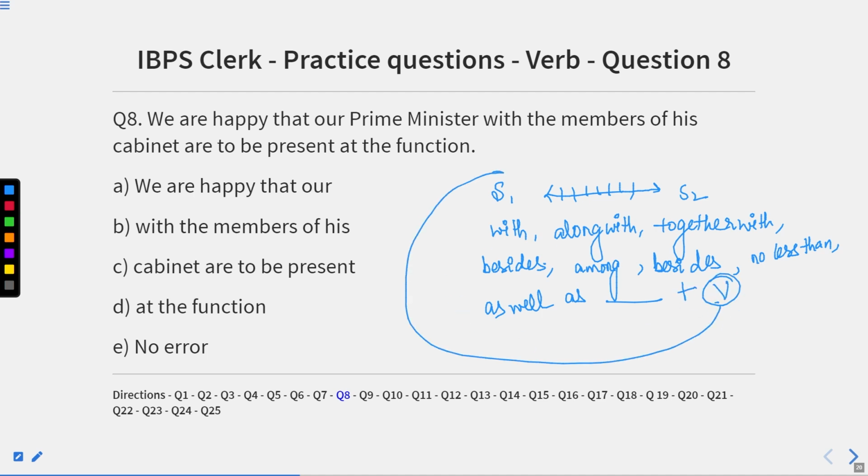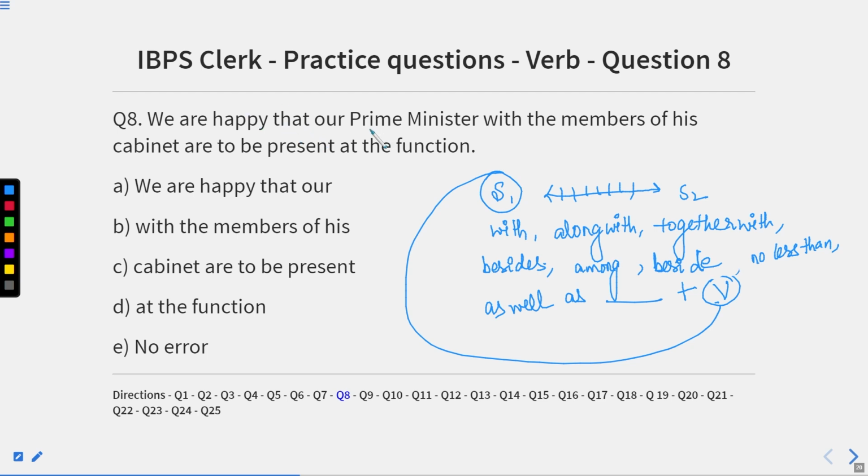In this case, the verb is used according to the first subject only if two subjects are being connected with any of these conjunctions like with, along with, together with, besides, among, beside, no less than, as well as, and not. So we can also have the word "and not". If we have two subjects connected with any of these conjunctions, the verb is used according to the first subject only.